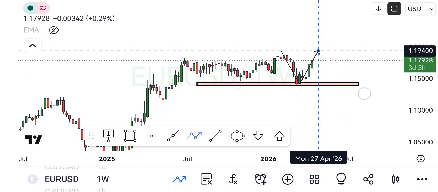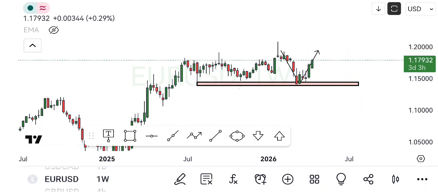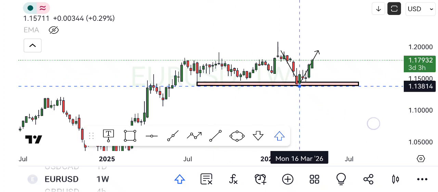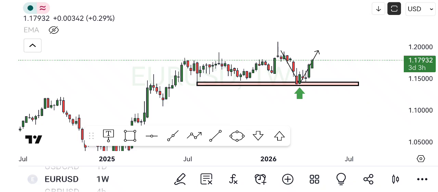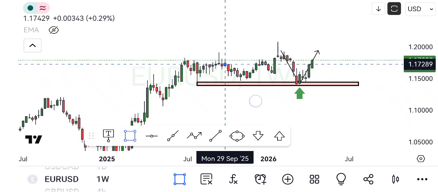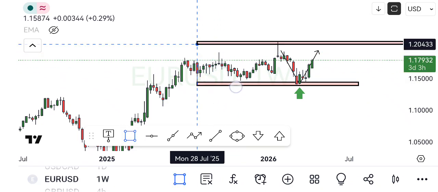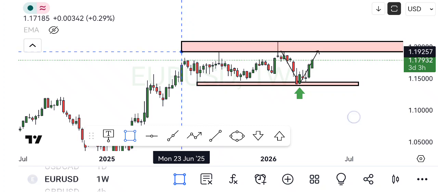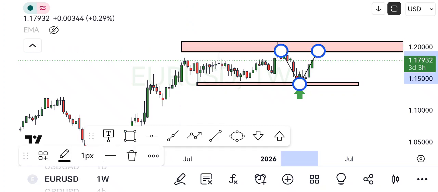And remember, you must always buy support, sell resistance. So I understood that price will be bought from this support and pushed where? And pushed to this resistance area right here.